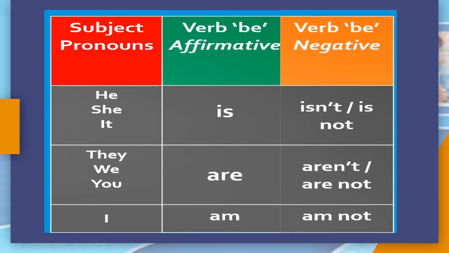But if we don't confirm, then when we use they, we and you, we use the verb to be aren't or are not. And for I, it's always followed by I am or I am not. Okay, so let's look at a few examples.